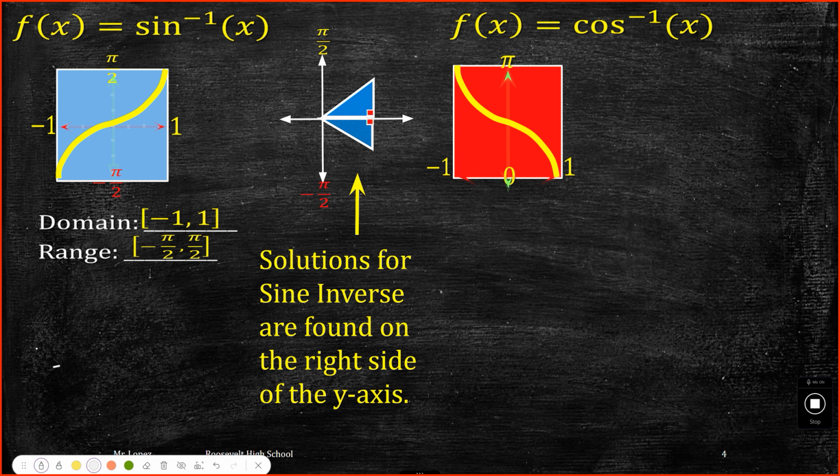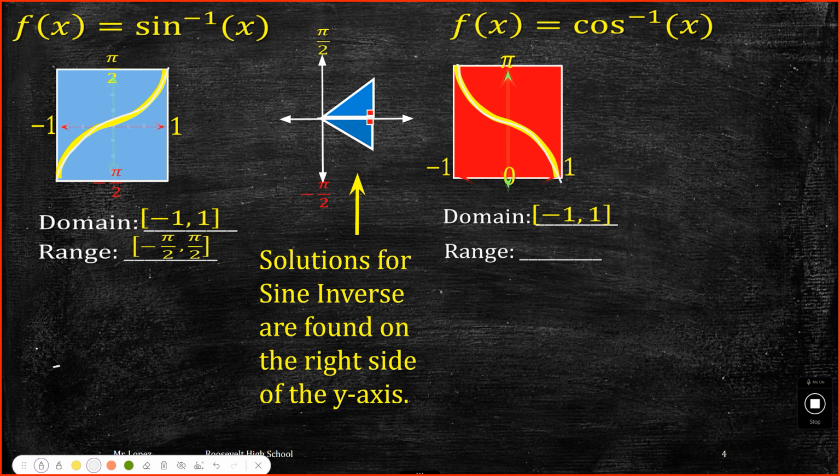I guess. So this one goes like that, then the other one goes like that. Okay. But look at the domain. The domain does go the same, negative 1 to 1, but then it goes from 0 to pi, not the other one. So the domain is negative 1 to 1, but the range goes from 0 to pi.